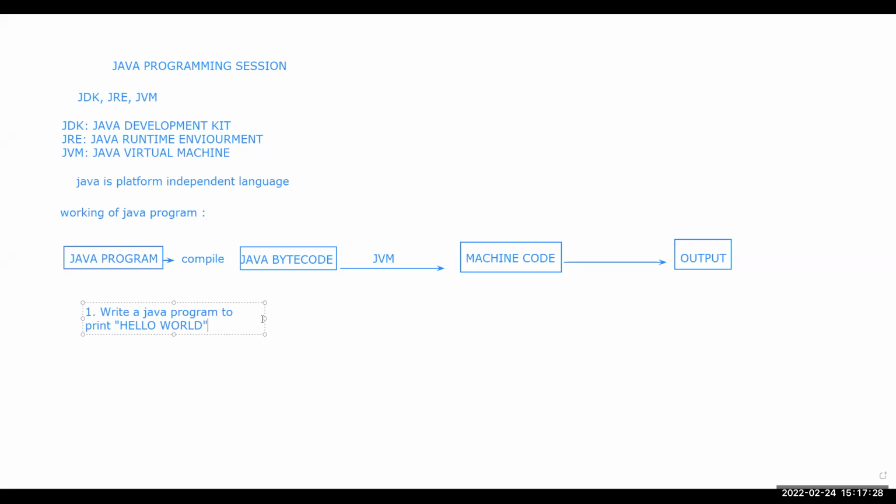One more important thing in this context: whatever labs we are going to perform, whatever program I am going to show you, and additionally whatever programs or topics I am going to give you that you need to do and show me, you need to write all of it somewhere.